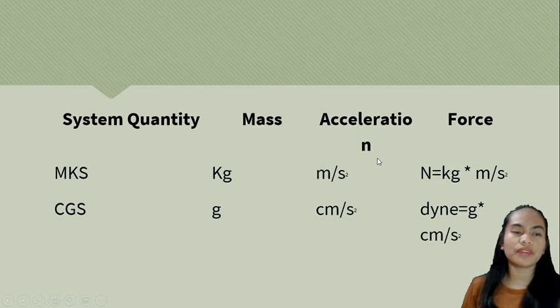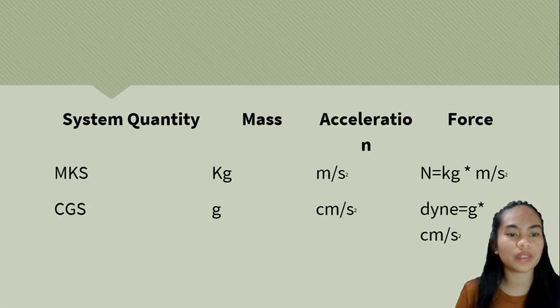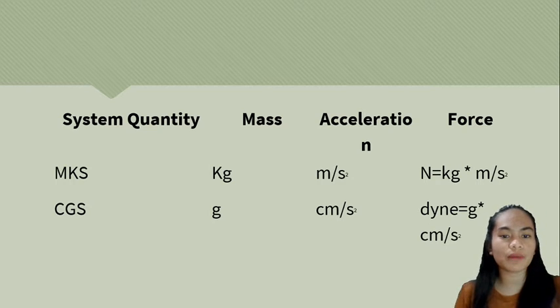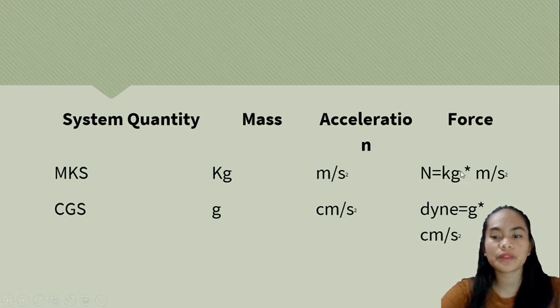We have here the different standard units. We have the system quantity, which will be in terms of meters and kilometers. Your mass will be in kilograms, your acceleration will be in meters per second squared, and your force will be in newtons, wherein a newton is kilogram times acceleration.